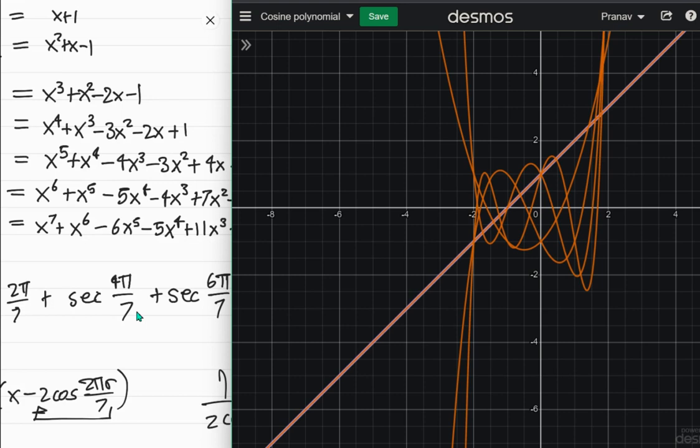So for tangents and cotangents, we already figured out how to find polynomials that have those values as roots, so zeros. But for cosine and sine values, it gets a little complicated, because sine cannot be written in terms of cosine without using the square root. That's a bit of a problem, right?